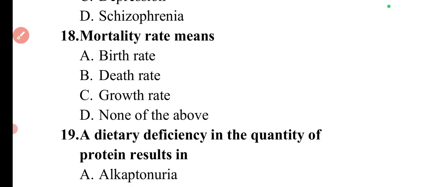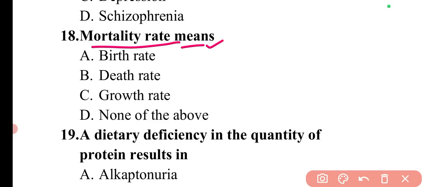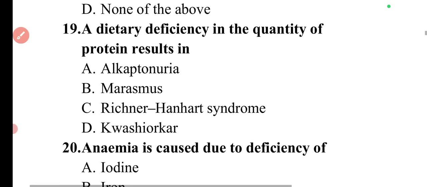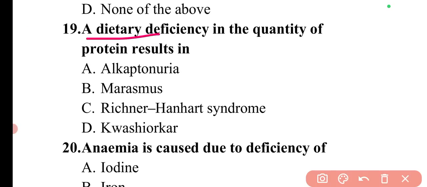Next question is, mortality rate means. Options are birth rate, death rate, growth rate, or none of the above. And the correct answer is option number B, death rate. Next question is, a dietary deficiency in the quantity of protein results in.